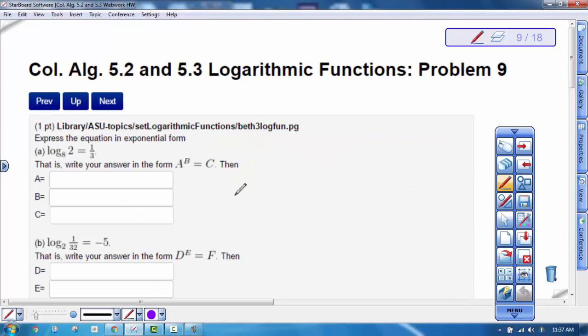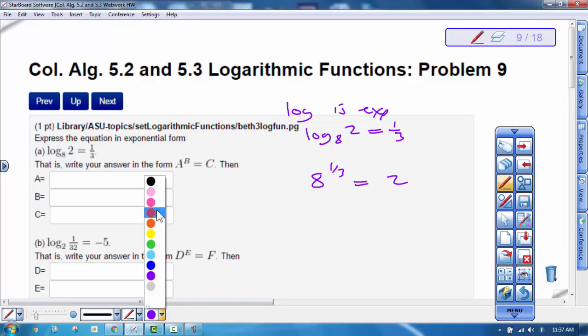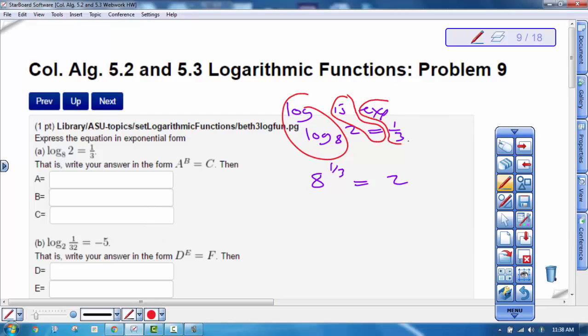Okay, so the next problem wants us to take this log and write an exponential, like this. It's 8 to the 1/3 equals 2. Like I said, you make a circle, or just remember that a log is an exponent. So when you have the log expression, log base 8 of 2 is equal to 1/3, it's easy to say, okay, here's the log, here's the equal sign, and the exponent is here.